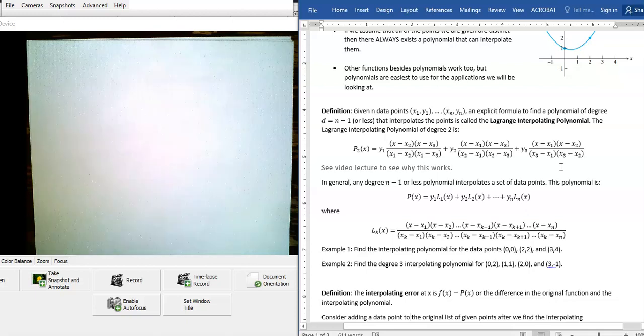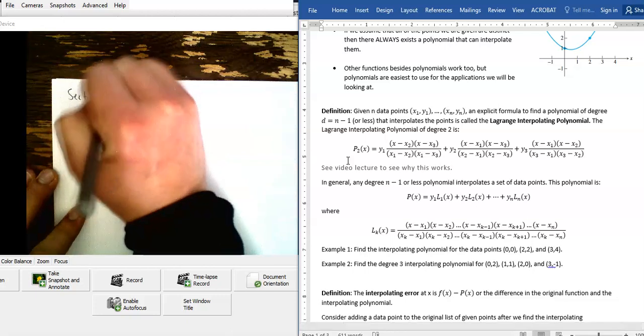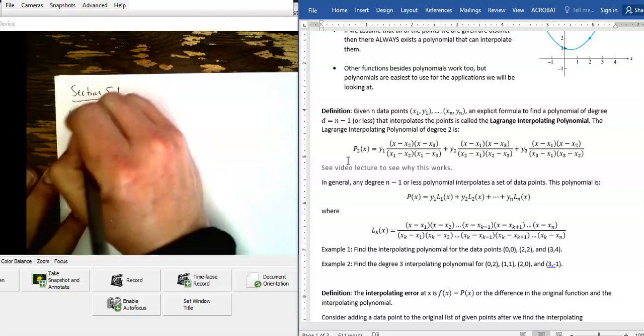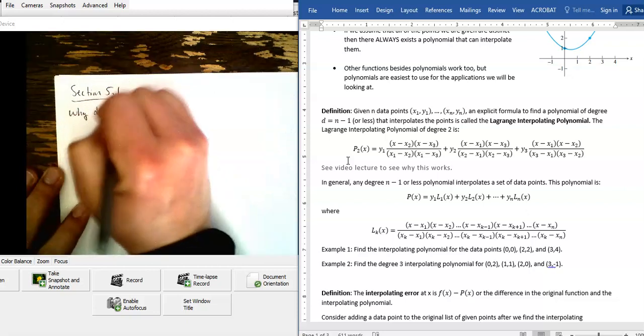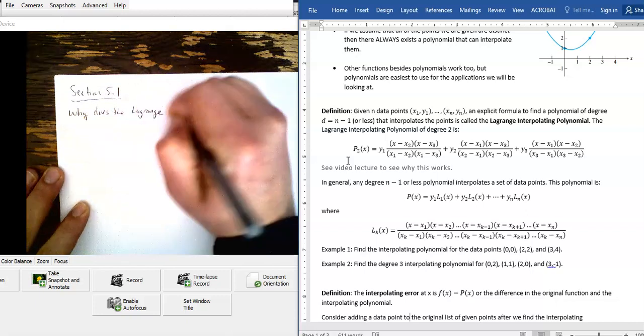So let's think about why this works. Remember that this polynomial should pass through the 3 points that we have to start out with. We would have 3 points here if we're dealing with a degree 2 polynomial. So let's look here, section 5.1. Why does the Lagrange formula work?